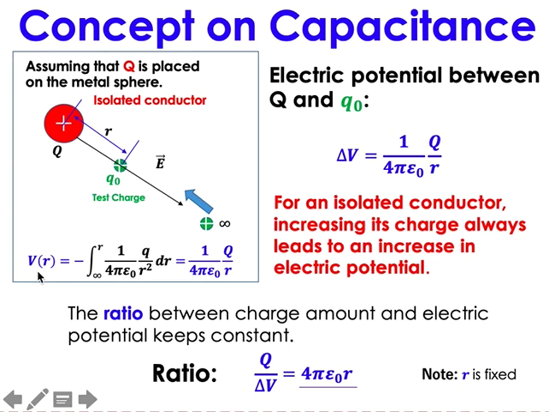Generally speaking, for any isolated conductor, increasing its charge always leads to an increase in electric potential.